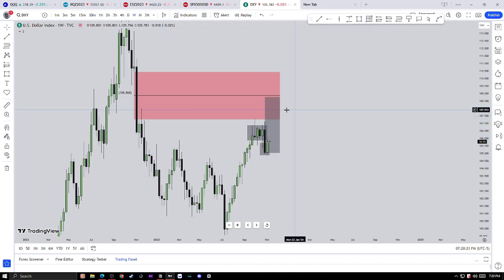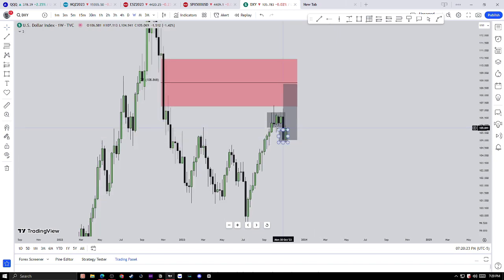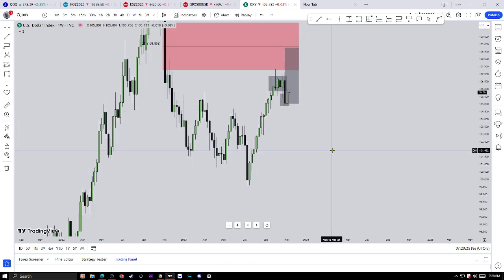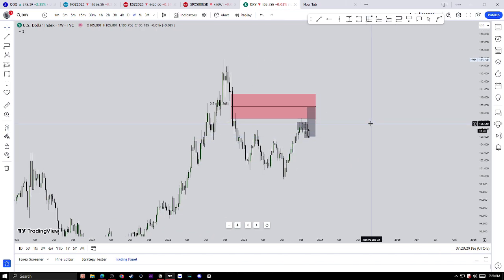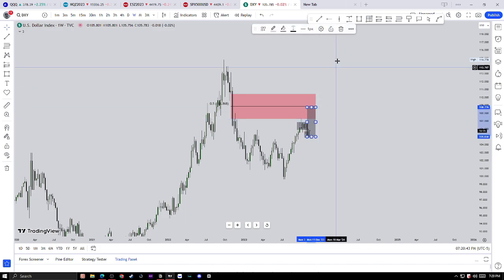That could be what's happening, or we could just get rejected and come all the way down. I don't know. To me, DXY looks pretty bearish or bullish. It looks like those lows were manipulated, and I hope CPI, I pray to God that CPI is bullish enough to take us all the way to these highs, because that would be a miracle.